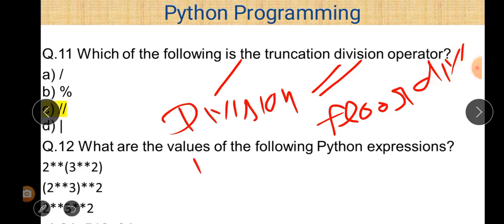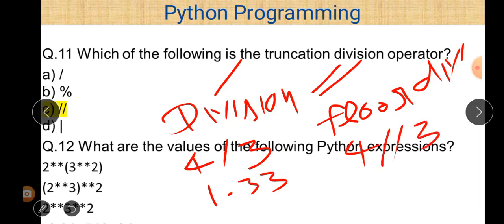For example, if we divide 4 by 3, our answer is 1.333 when the division operator is used. But when we take floor division and write the expression 4 double slash 3, our answer is 1. So basically, the floor division operator always returns the integer part of the expression, whatever we get after the division. And again, I told you that there is no concept of rounding of the digit.